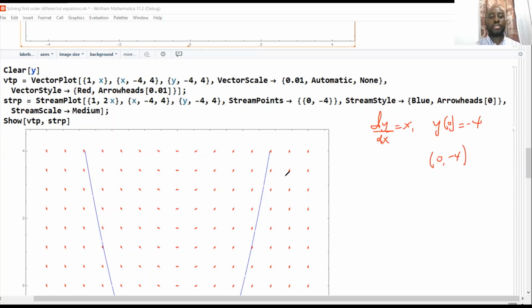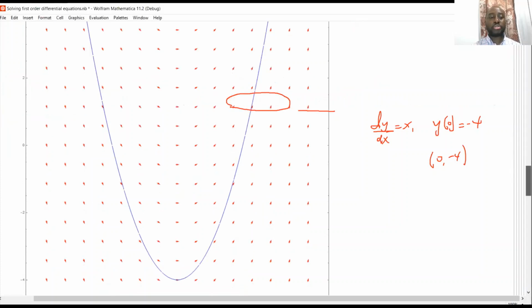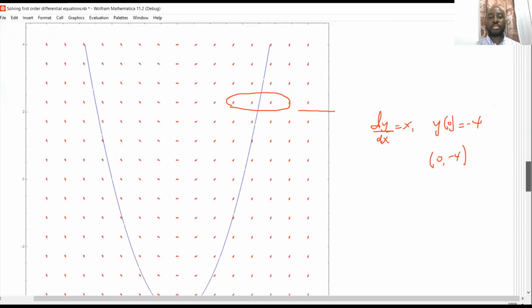If I want to do that, then I will just adjust the StreamPoints and tell it to plot this point (0, -4). Once I do that, it's only going to show me just one plot, and it's going to be the only function that goes through the point (0, -4), and this is my particular solution.